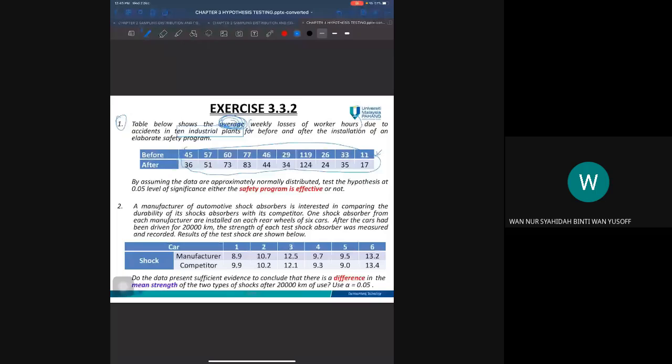Assuming the data are approximately normally distributed, test the hypothesis at the 0.05 level of significance whether the safety program is effective or not. So the keyword here is: safety program is effective or not.